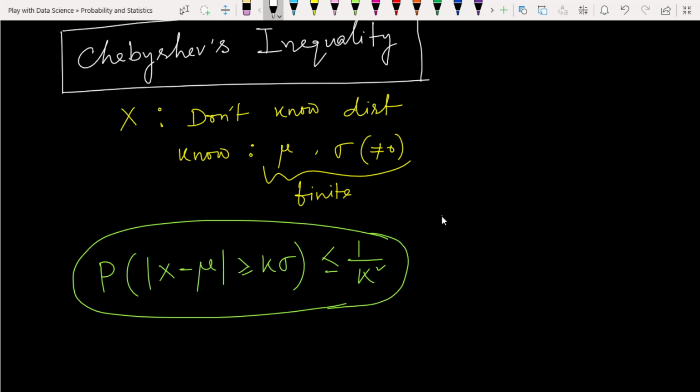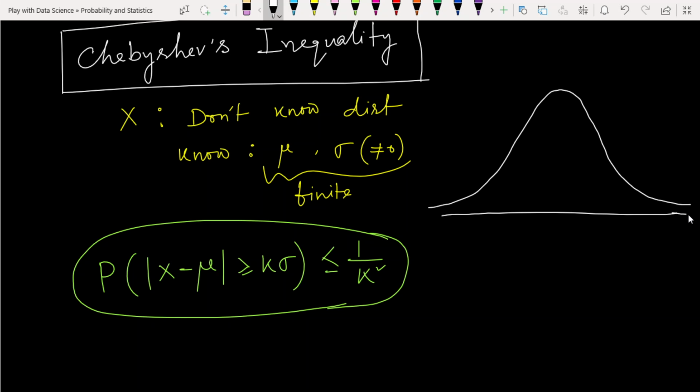Suppose this is our distribution. Don't be confused that I am drawing a Gaussian curve. We are already aware of the Gaussian curve, so it is better for understanding. It could be any kind of distribution, any curve.